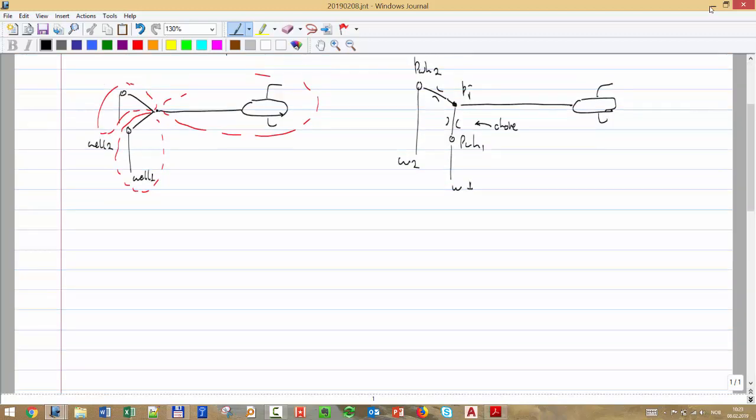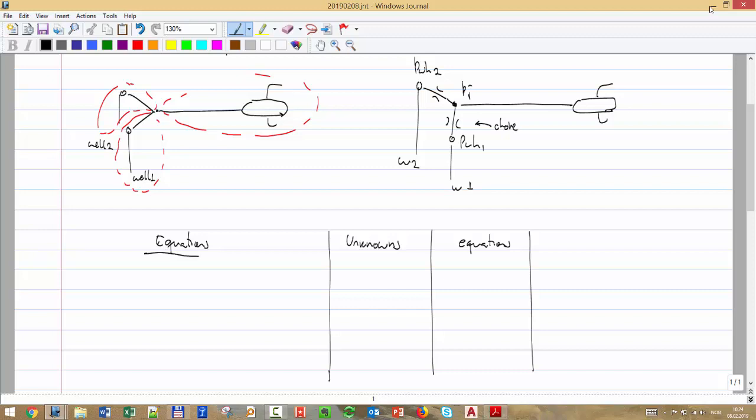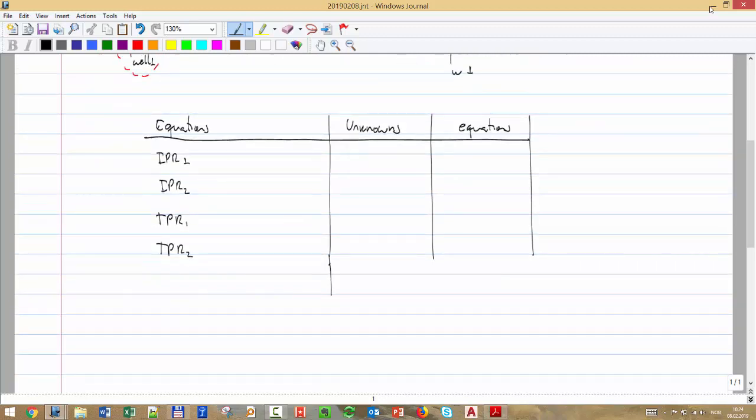If we count the system of equations and unknowns, we have IPR1, IPR2, TPR1, TPR2, then we have the flow line.